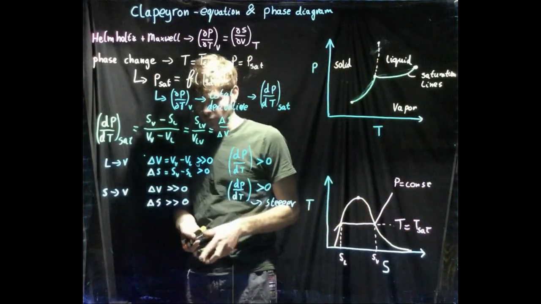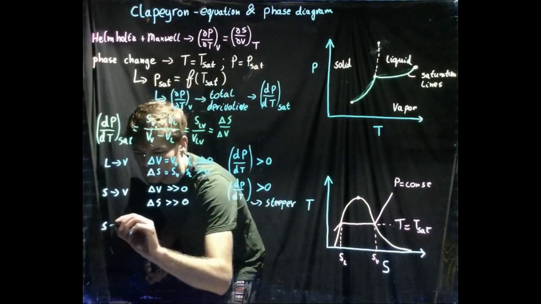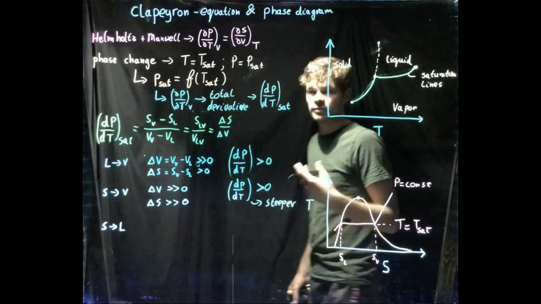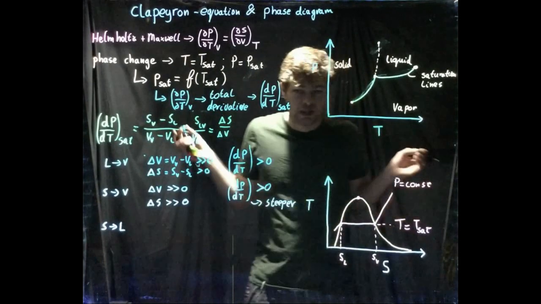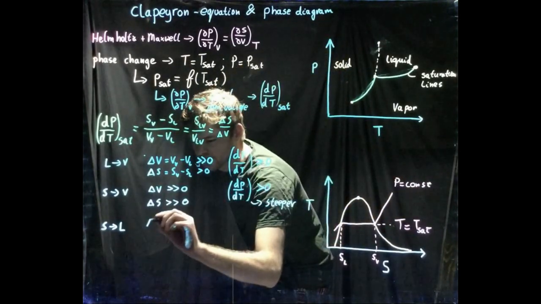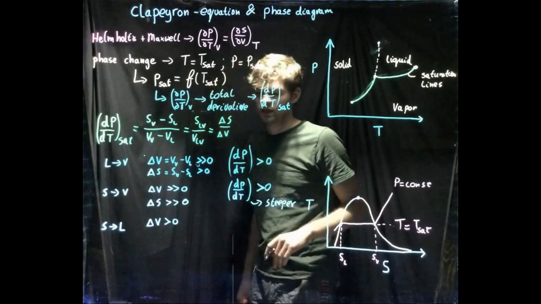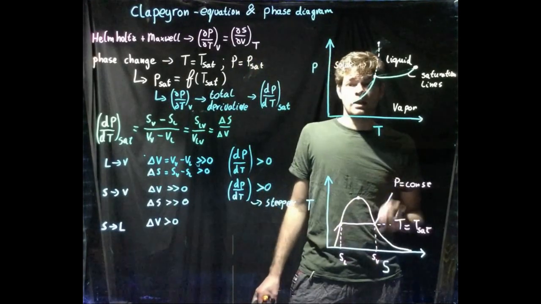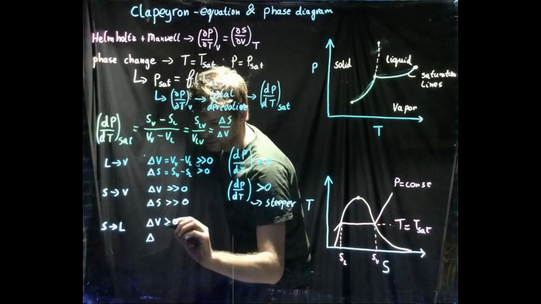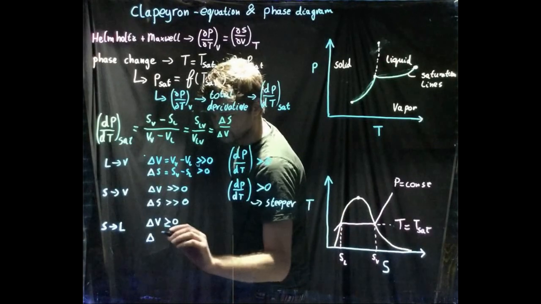And of course, then we are interested in the last one, a solid to a liquid. And from this, we know going from a solid to a liquid, volume doesn't change a lot. So we can say the dV is only a little larger than 0. But entropy really increases a lot. So delta S, or maybe the volume change will even be equal to 0 in some cases.